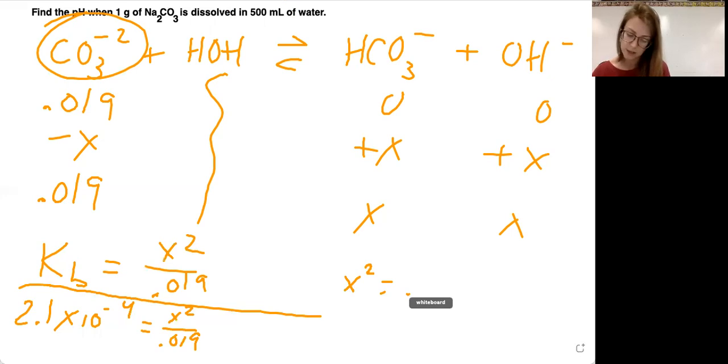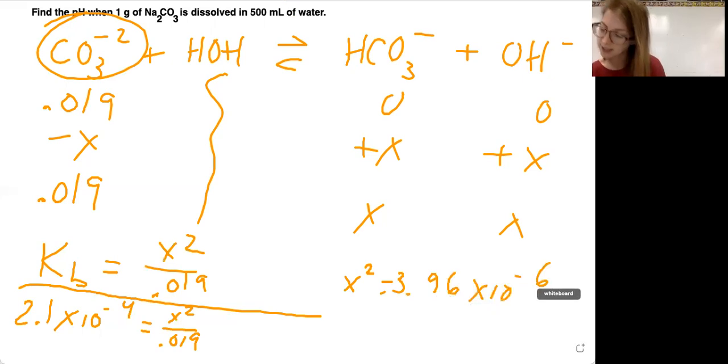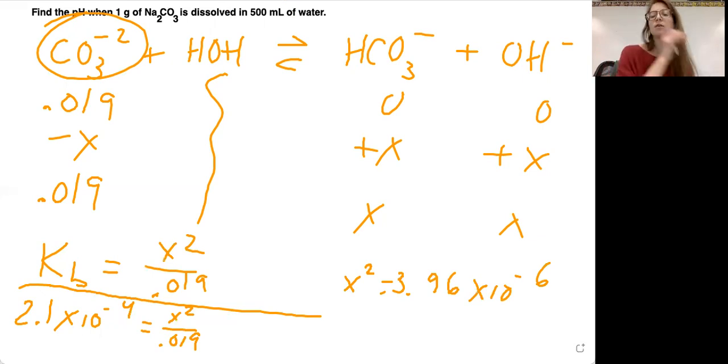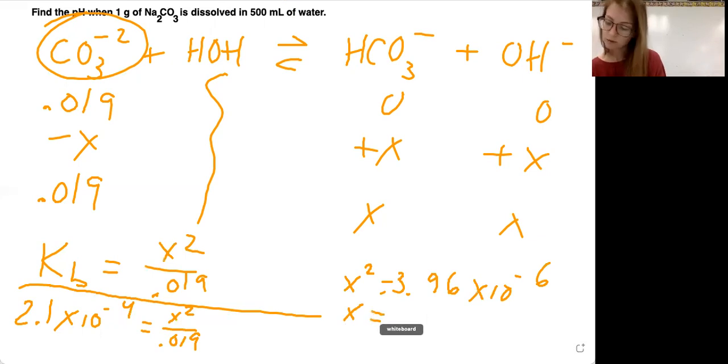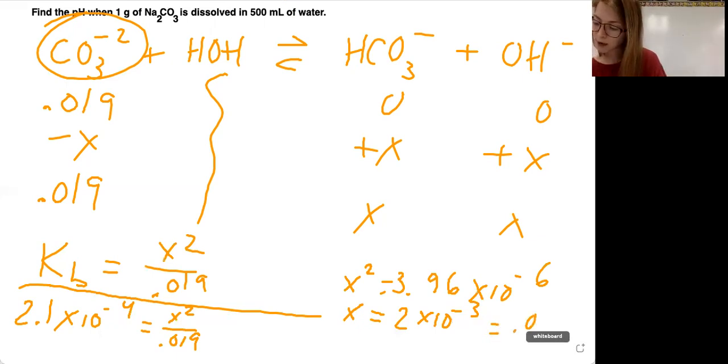I'm going to put this in scientific notation: 3.96 times 10 to the negative 6. If from rounding you just have 4 times 10 to the negative 6, you're fine. Square rooting that gets me my x value to be 1.99. I'm just going to call it 2 times 10 to the negative 3, or your calculator might say 0.002.